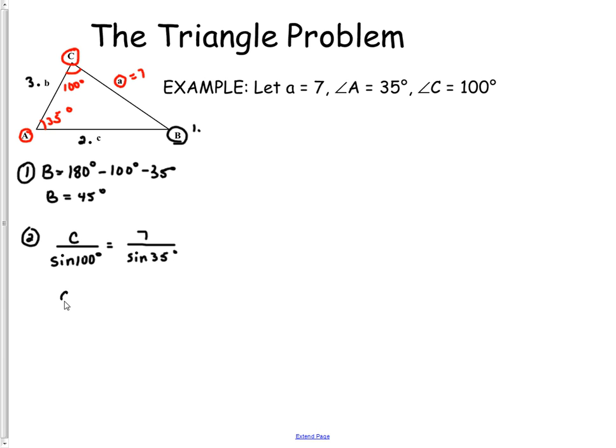So working this out, we would say that C is equal to 7 times the sine of 100 degrees divided by the sine of 35 degrees.